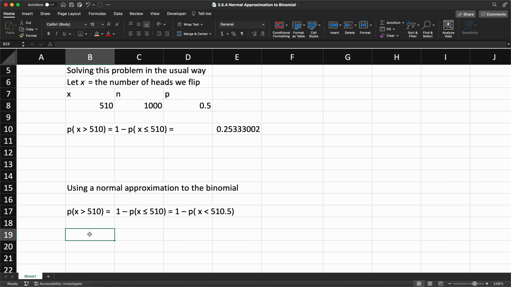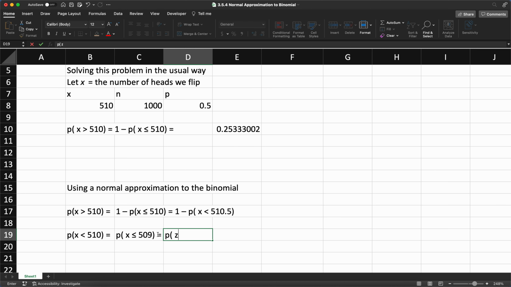If we were looking for the probability that we were getting less than 510, in this case we don't want to include 510, so what we would normally do is the probability of X being less than or equal to 509, and our continuity shift would be that we would find the probability of getting less than 509.5.